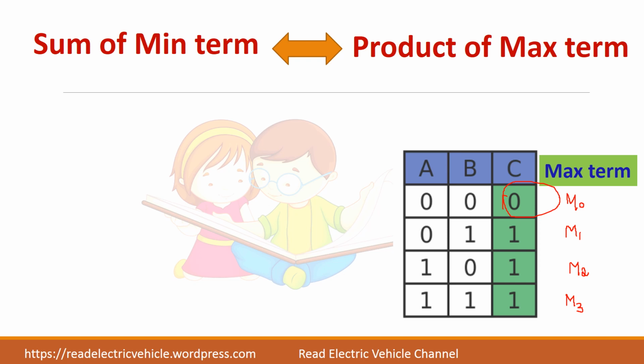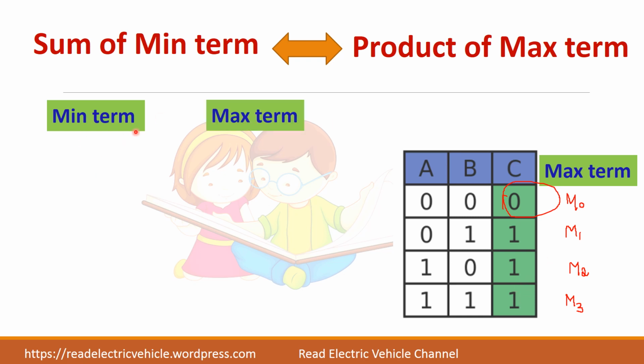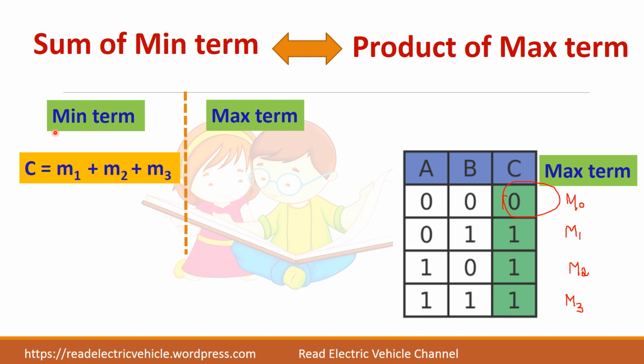You might have noticed some similarity between the sum of minterm and product of max term. Surely there is a relation between these two. I have taken the same OR gate truth table. When we write in terms of minterm, C is equal to m1 plus m2 plus m3. When we write in terms of max term, C is equal to capital M naught.